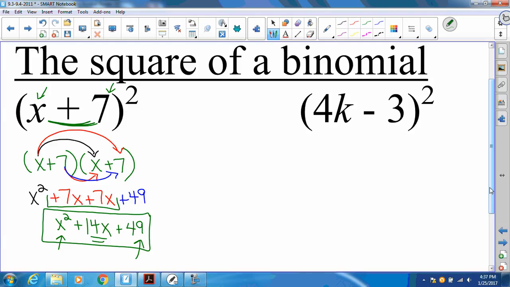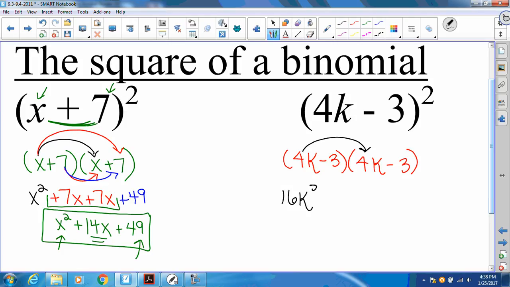Okay, so this one, again, 4k minus 3 squared just means I'm writing it 2 times. And it's perfectly okay to just write it 2 times, and then you do your FOIL. So 4k times 4k. So 4 times 4 is 16. K times k is k squared. Then I do my outside. 4k times negative 3 is negative 12k.